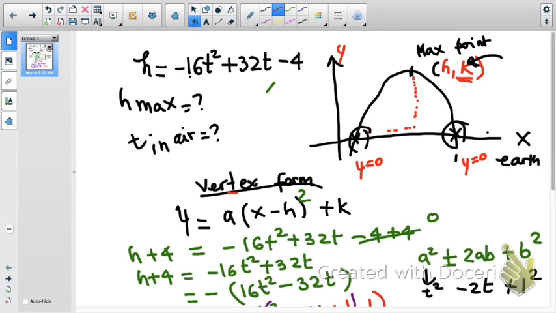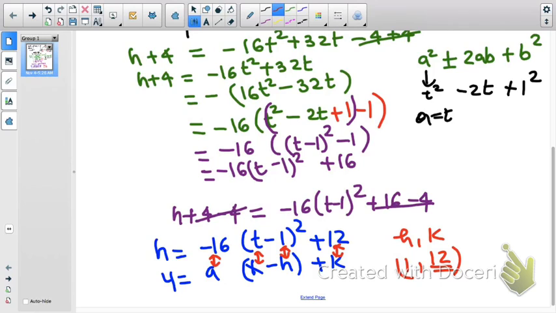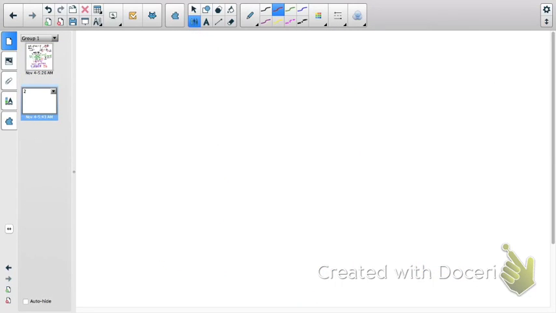Let's try doing it. Sorry, I'm still getting used to it. Okay. (32t minus 4).